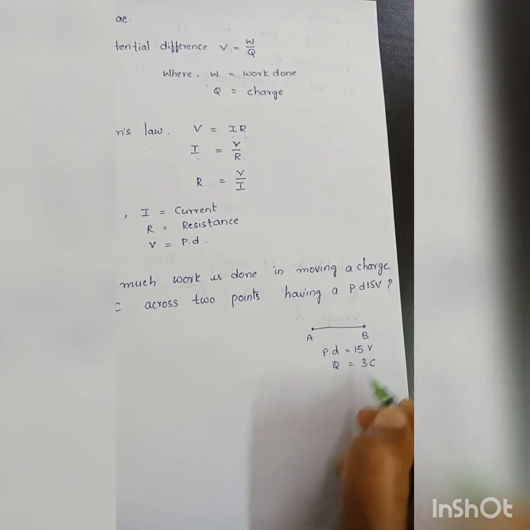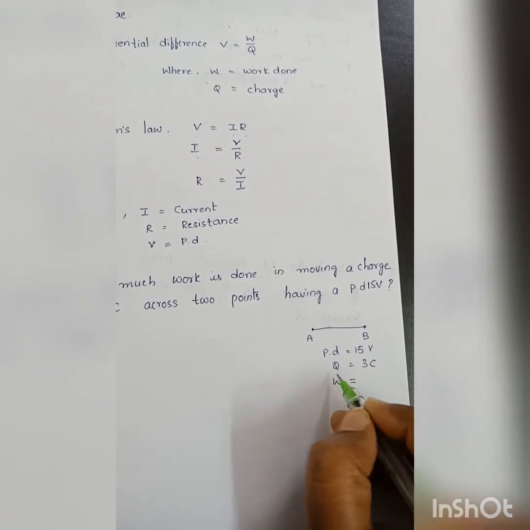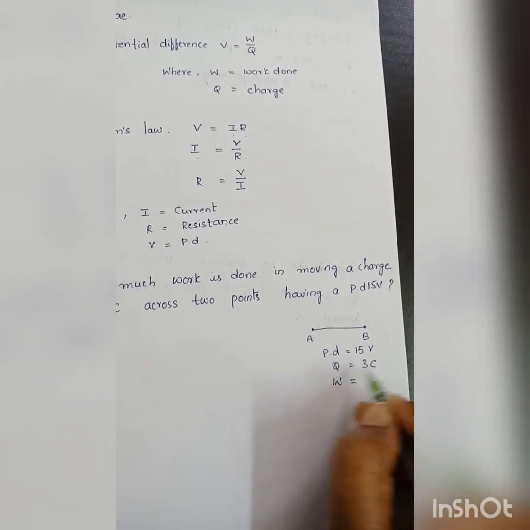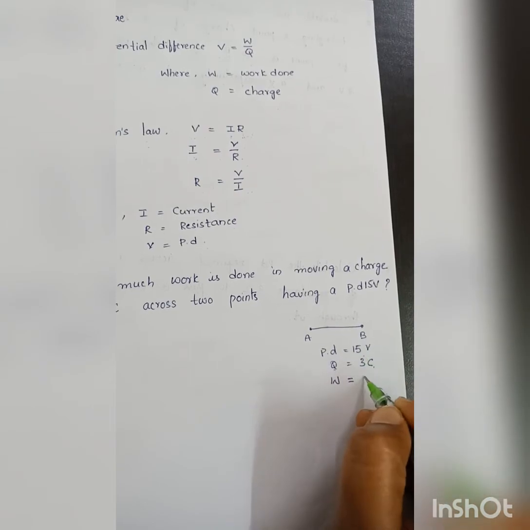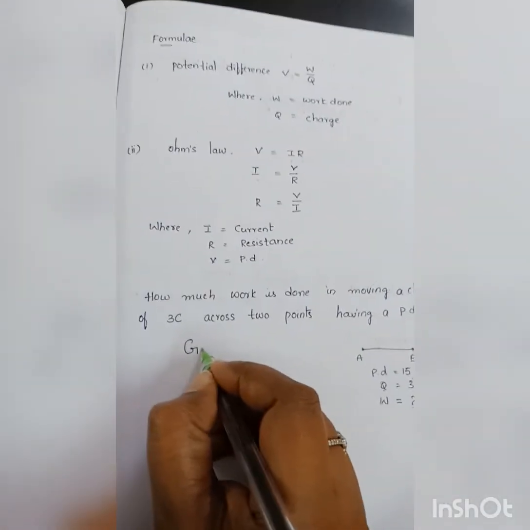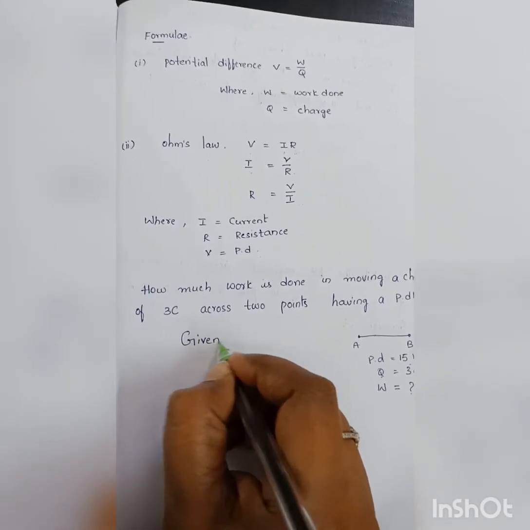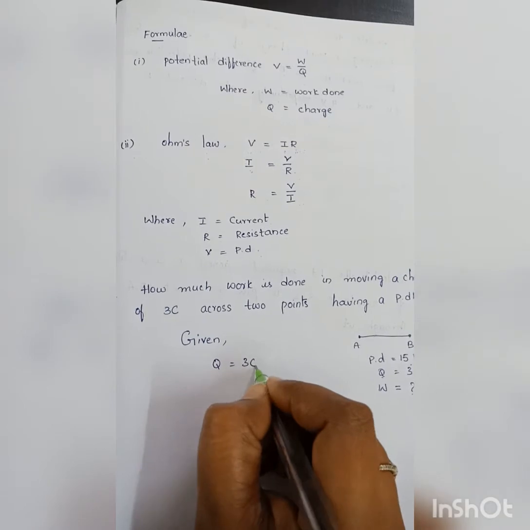Now what we need to do? How much work is done in order to carry the charge of 3 coulombs having a potential difference of 15 volts. Now write down the values given. Charge Q equal to 3 coulombs.